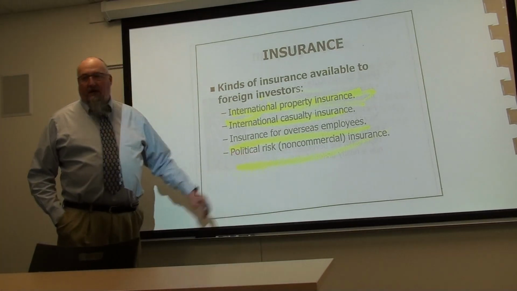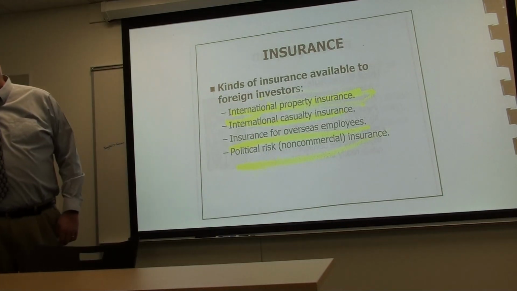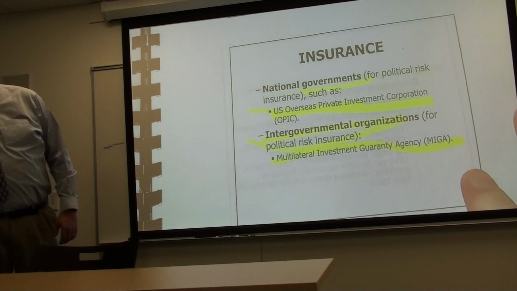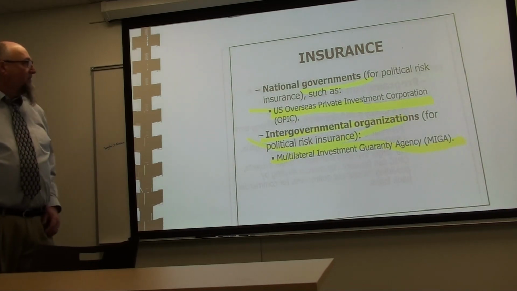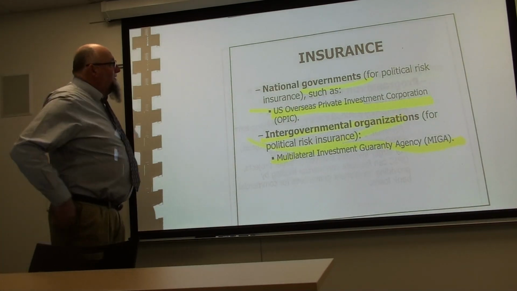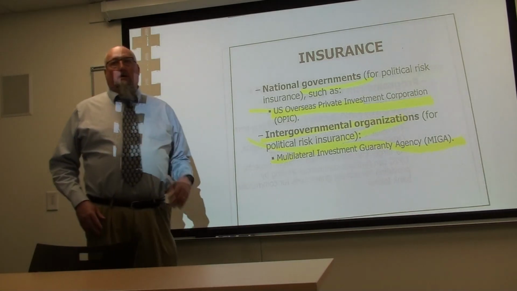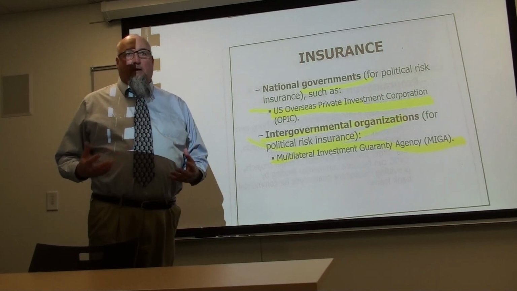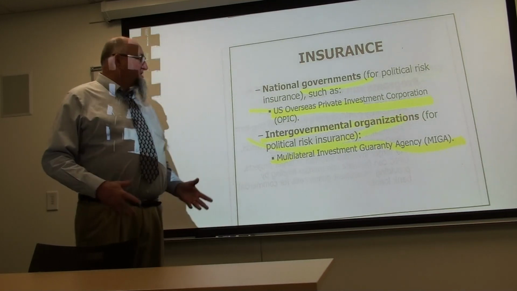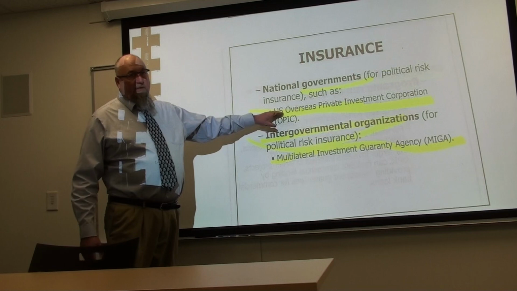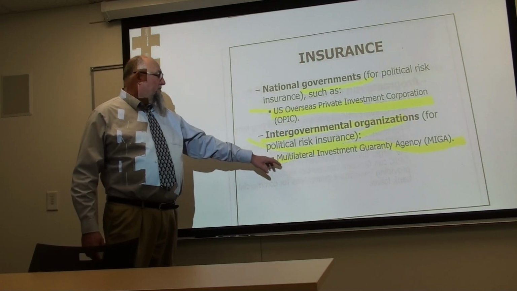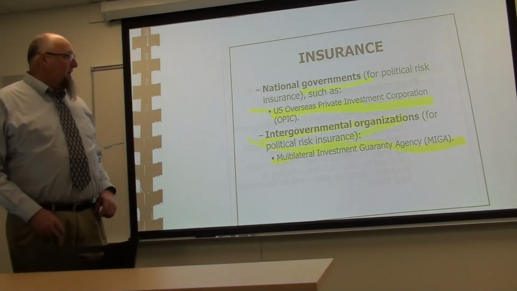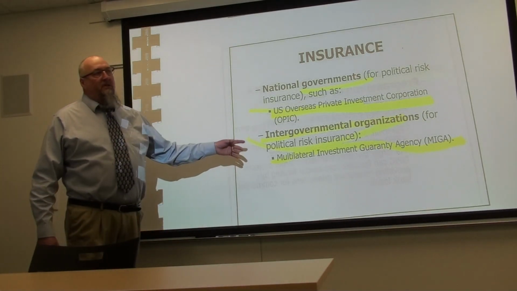So let's talk about the bottom one because that's the one I want to focus on. We talk about political risk insurance. It's on page 15. I want you to be aware of two programs that have essentially the same goal, but one is established through the United States federal government, and the other is a branch of the World Bank called MIGA, the Multilateral Investment Guarantee Agency.